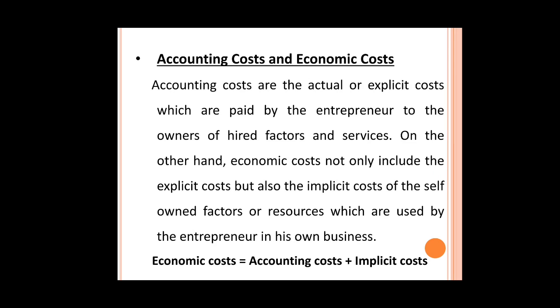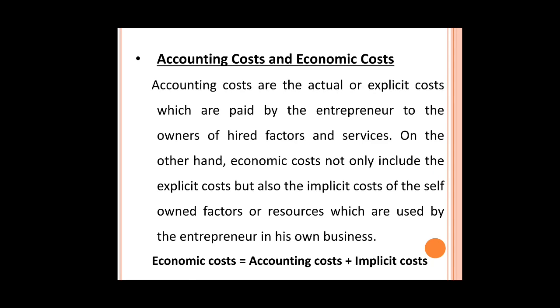The economist takes into account all these accounting costs, but in addition, he also takes into account the amount of money the entrepreneur could have earned if he had invested his money and sold his own service and other factors in next best alternative uses. That is, the economist takes into consideration both the explicit and implicit costs.